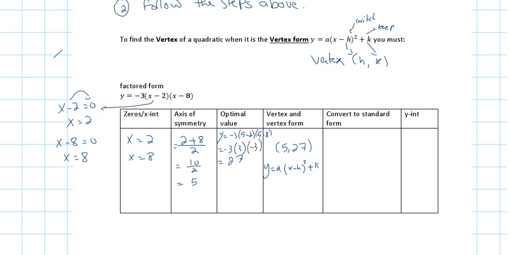The value of a in all three forms, ax squared plus bx plus c, a(x minus h) squared plus k, a(x minus r)(x minus s), is going to be the same. So if you know the value of a here, it's going to be the same as the value of a in the vertex form. So it's going to be -3. What's h? So y equals -3(x minus 5) squared plus 27. Done. That's the vertex form.